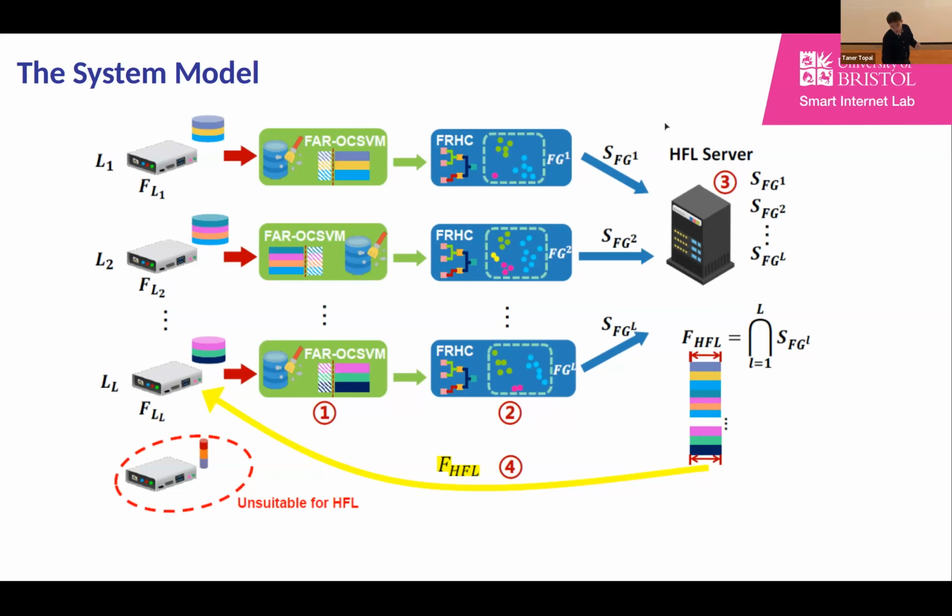Then we send those features to the federated learning server to do the intersection operation. Now we find this feature overlapping part. At last, we give feedback to each IoT device so they can know what kind of features are important for horizontal federated learning without leaking any other information.